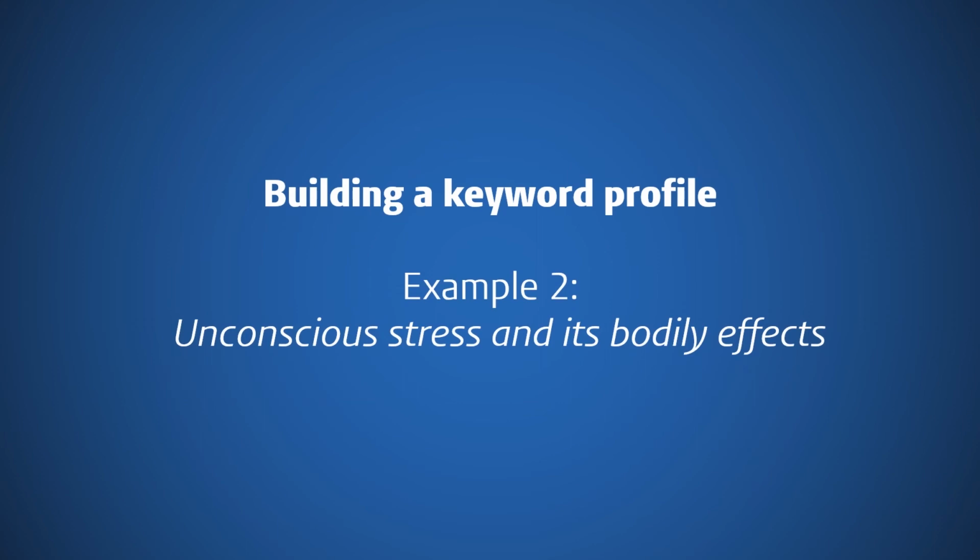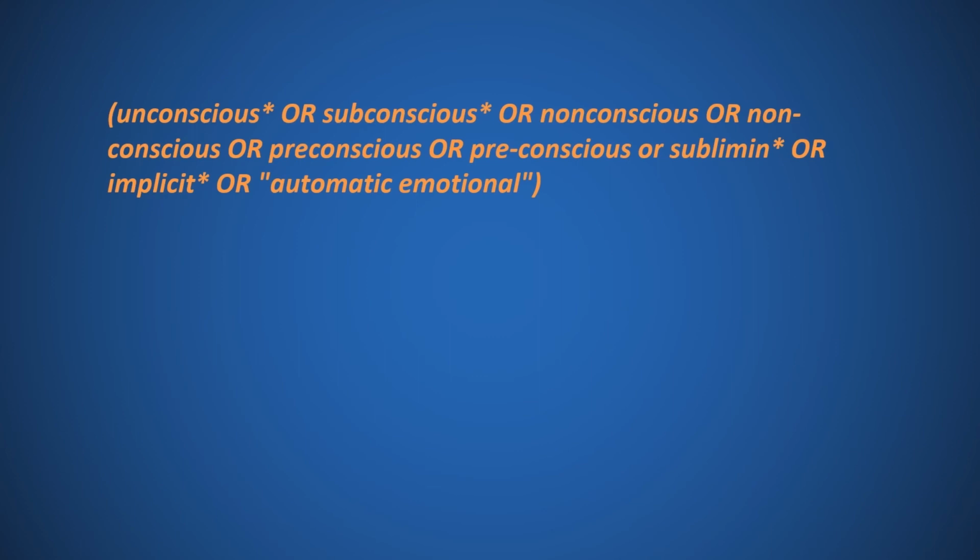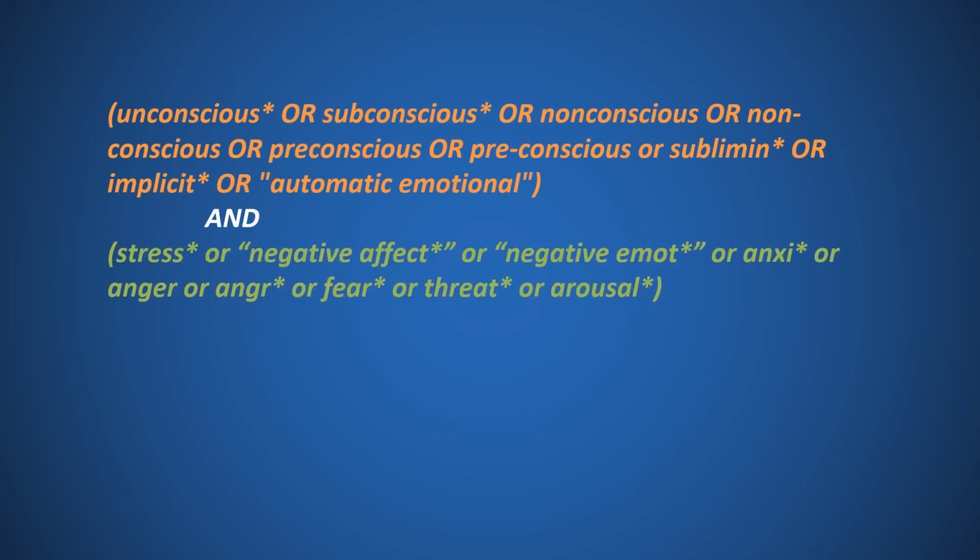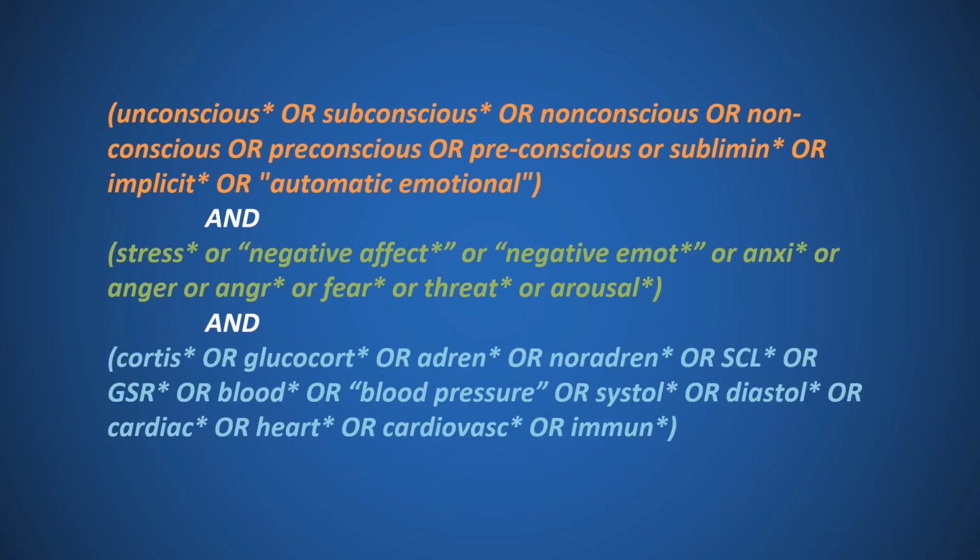A more complex example. Does unconscious stress have effects on your body? I started with keywords related to unconscious in red, the stress response in green, and the bodily or physiological variables in blue. In her PhD research, Melanie van der Ploeg soon found out that there were many more keywords related to unconscious.